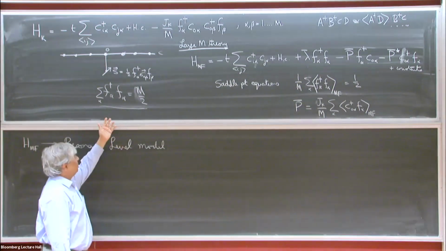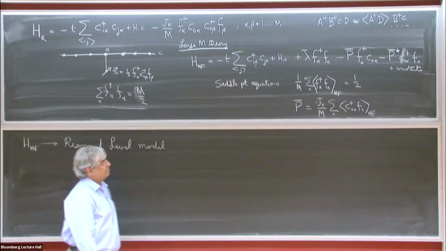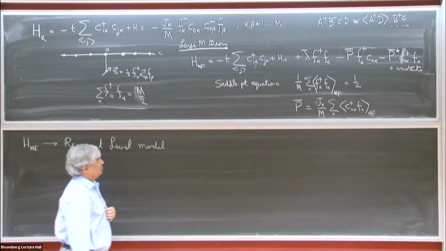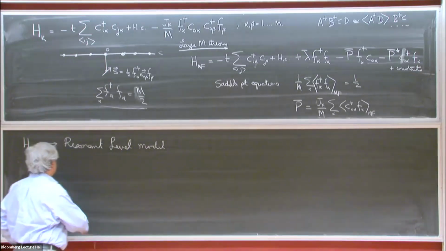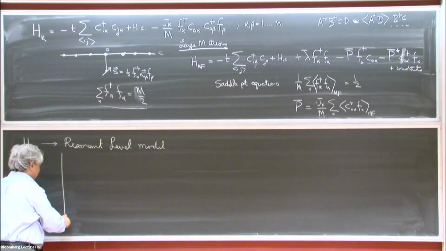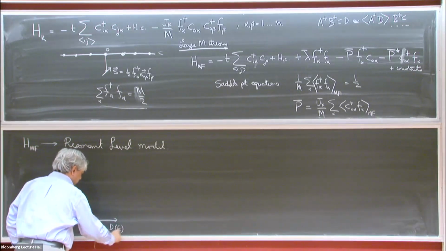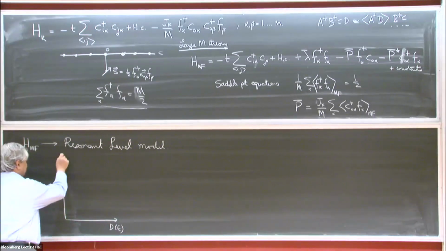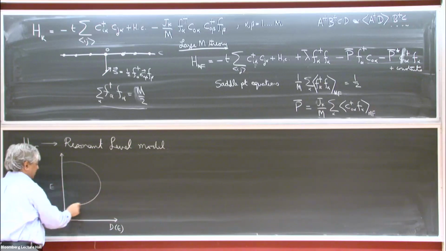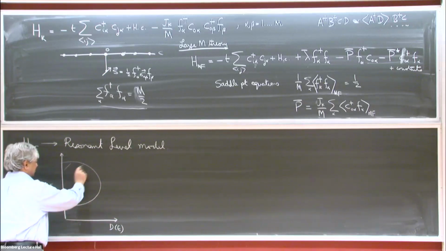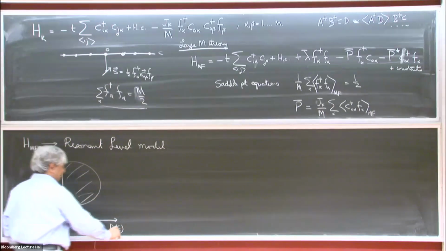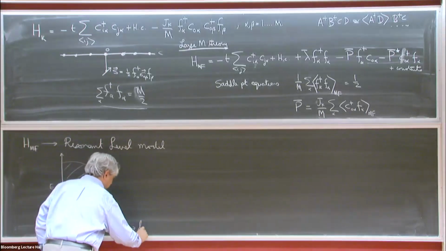The only thing the Kondo model will add is the self-consistency conditions. So in the resonant level model, if I plot the density of states of the conduction electrons, the conduction electron has some, not semicircular, but some density of states. Here, D of E is the local density of states.